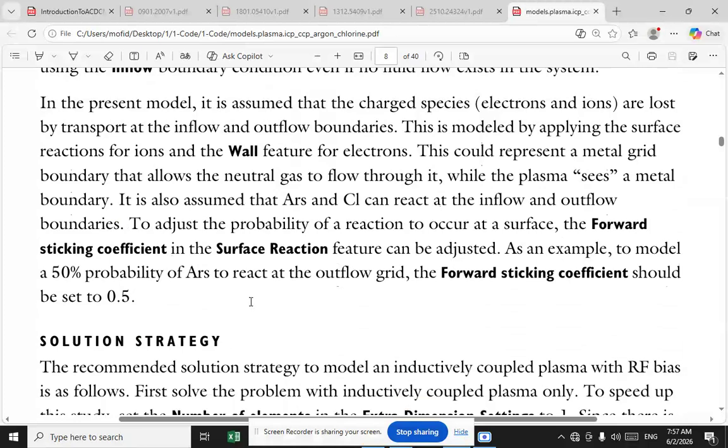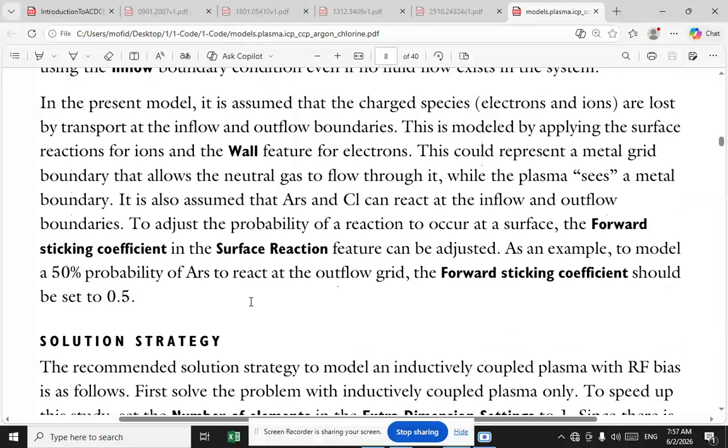In the present model, it is assumed that the charged species, electrons and ions, are lost by transport at the inflow and outflow boundaries. This is modeled by applying the surface reactions for ions and the wall feature for electrons. This could represent a metal grid boundary that allows the neutral gas to flow through it, while the plasma sees a metal boundary.